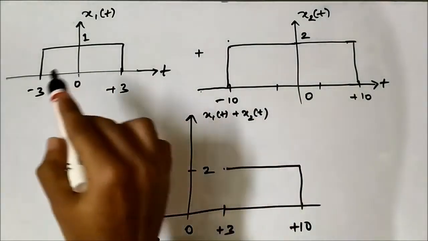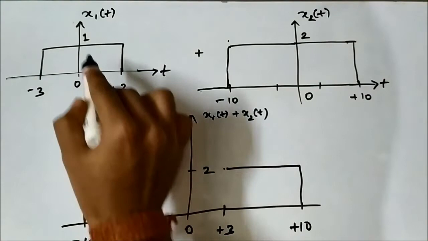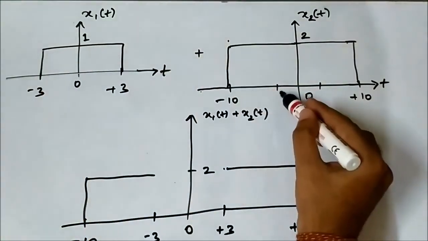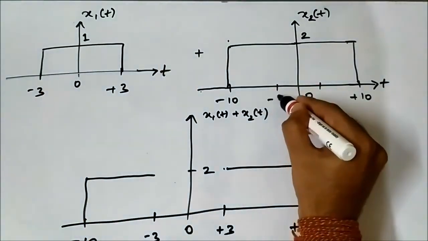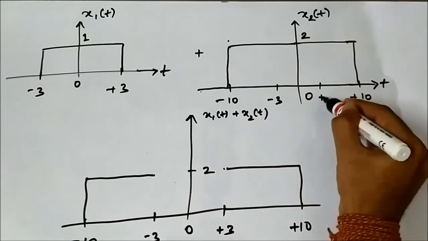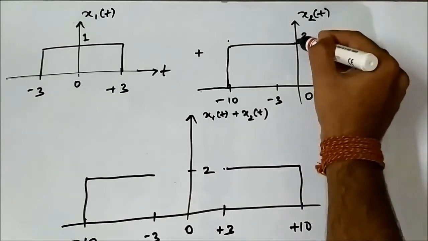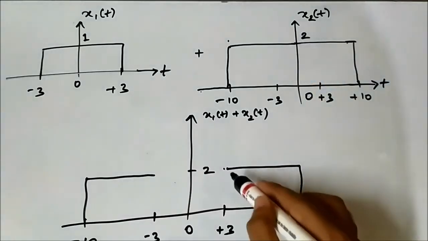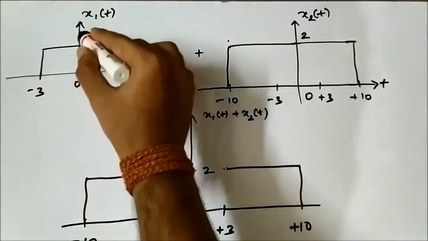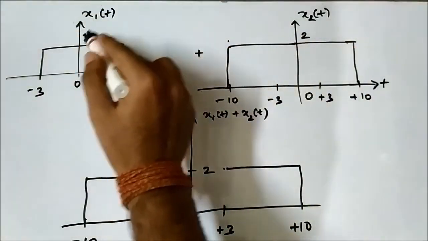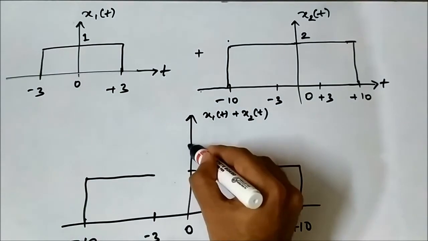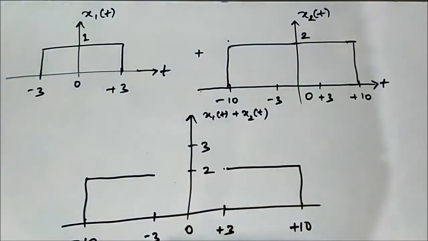Now in between -3 to +3 it is 1, and here also in between -3 to +3, the signal value is 2. So here the values will get added up. It will be 1 plus 2, which is 3.